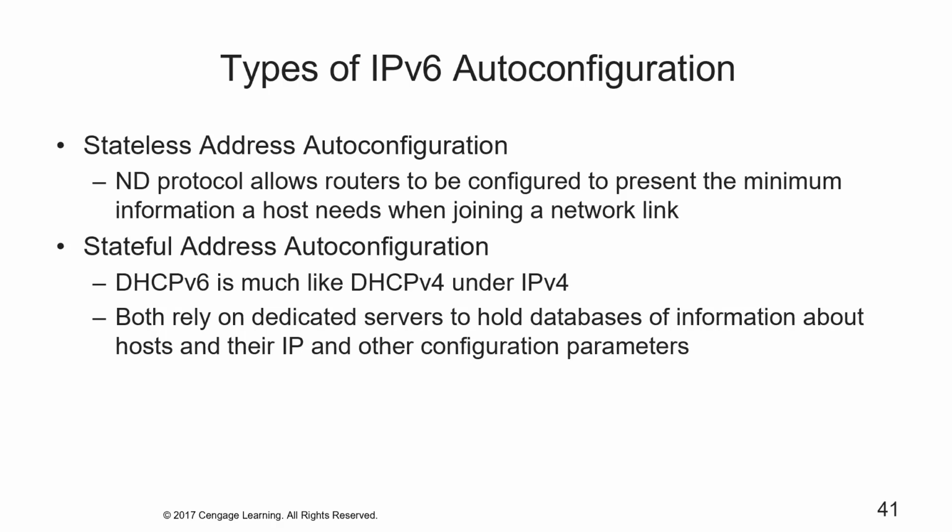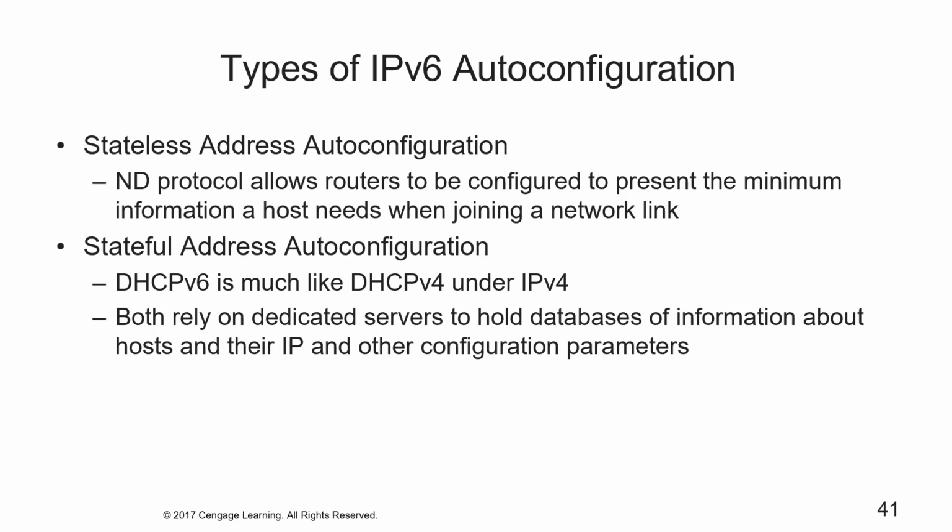So, stateful address auto-configuration: in its basic tasks, DHCPv6 is really a lot like DHCPv4 under IPv4. Both are stateful in terms of configuring hosts. Both rely on dedicated servers that hold databases of information about hosts and their IPs and other configuration parameters.